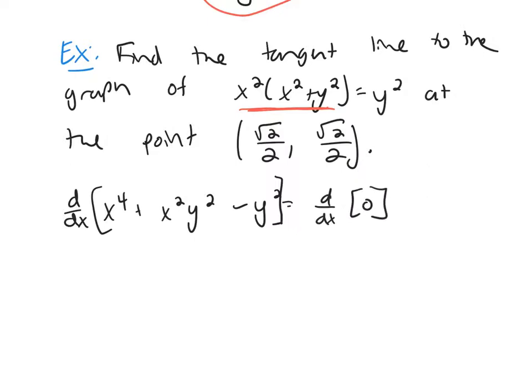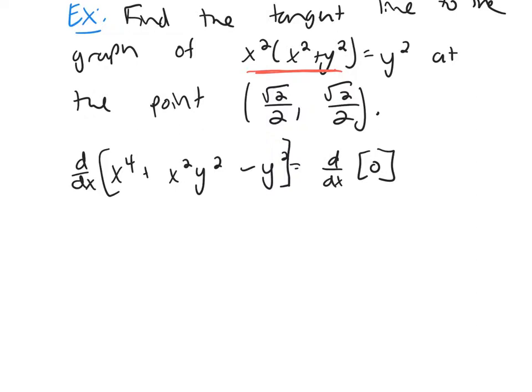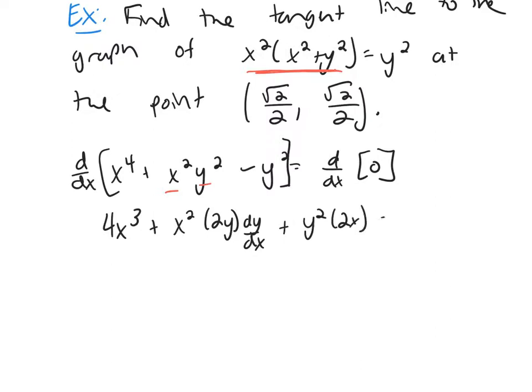Okay, so now let's compute these derivatives here. We get 4x cubed. Here we have to use a product rule. So using the product rule, it would be x squared times 2y dy/dx plus y squared times 2x. The derivative of y squared is minus 2y dy/dx. The derivative of 0 is 0.